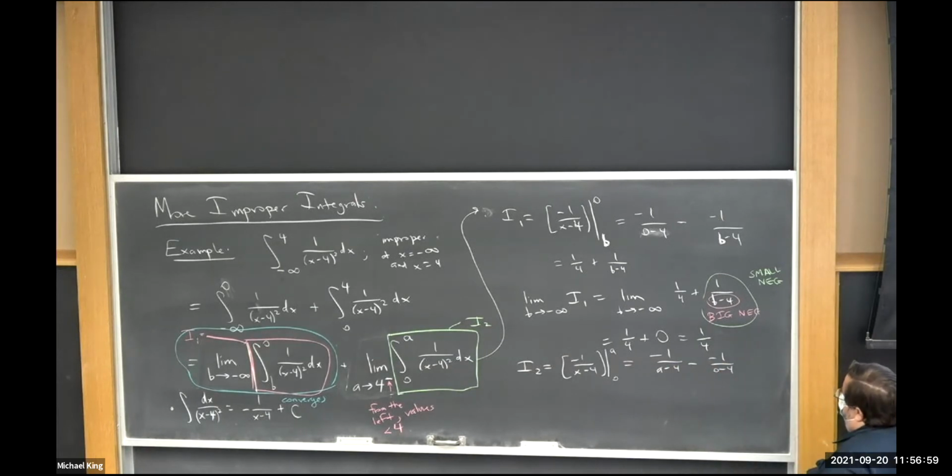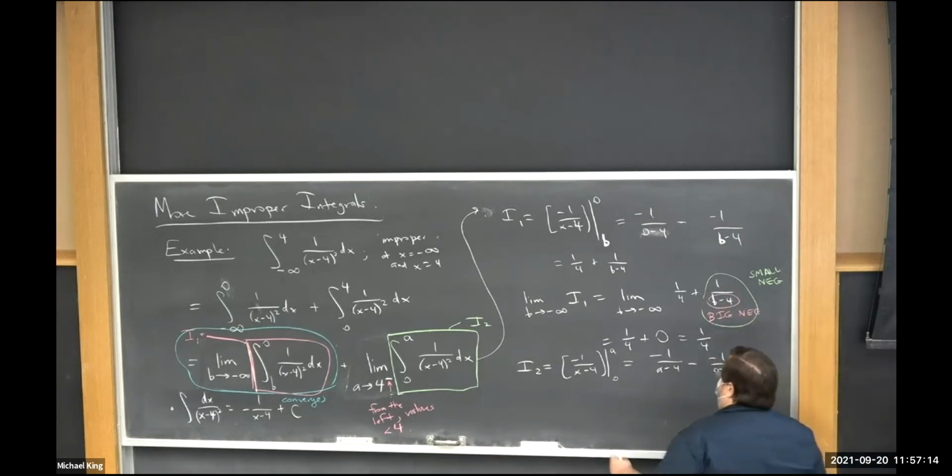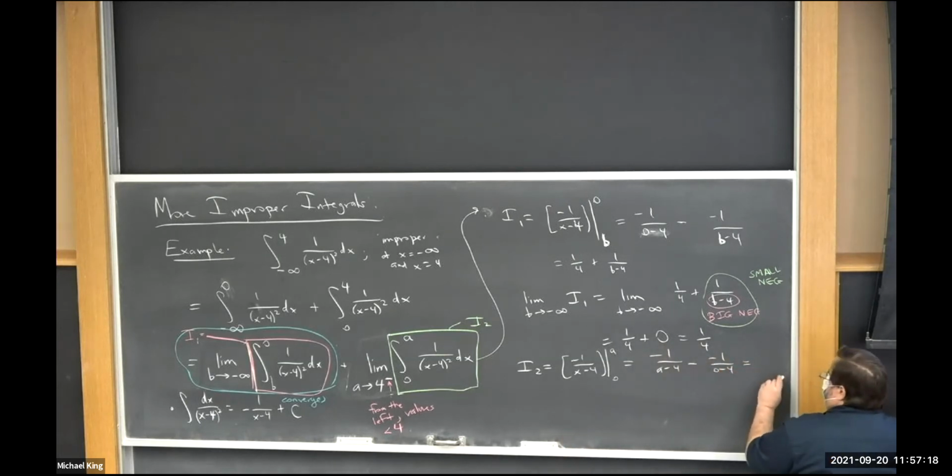Oh, there's 3 negative signs here, aren't there? Did I do the right number of negative signs there? Okay, this is still -1/4, right? Okay, so that's -1 over a minus 4 minus 1/4.